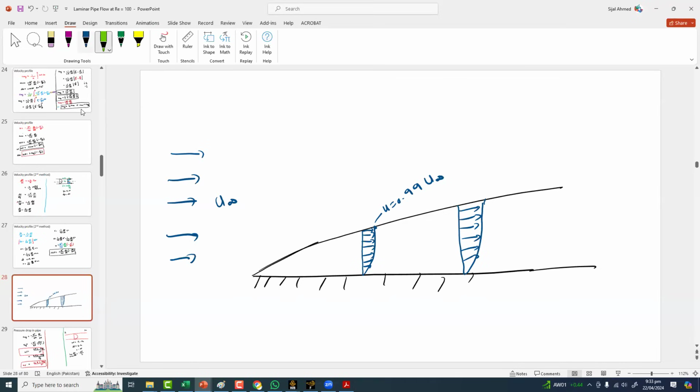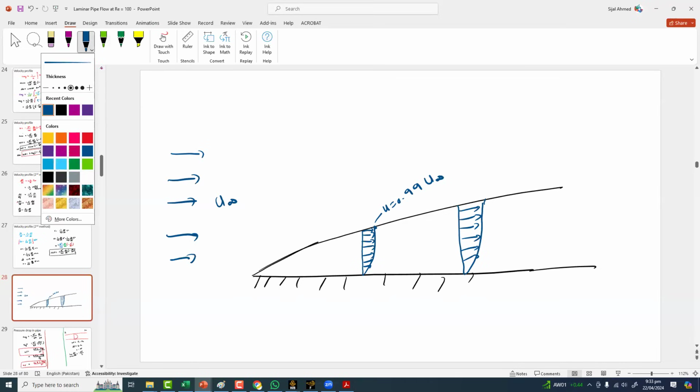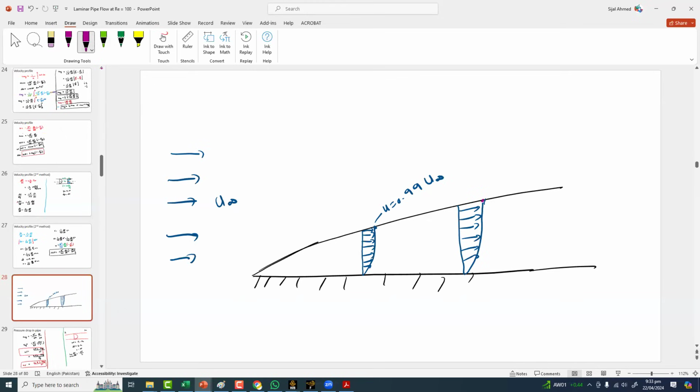Now, the question is, for example, I want to solve this problem. I know that the profile here is very steep, and then the slope gradually becomes flatter and flatter. It becomes 0 at this point maybe. So I need more cells here.